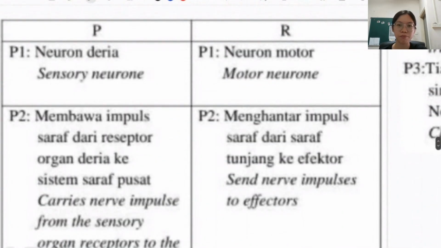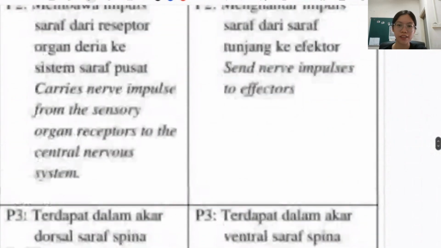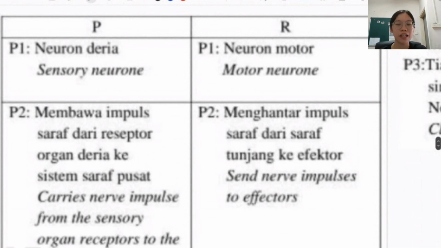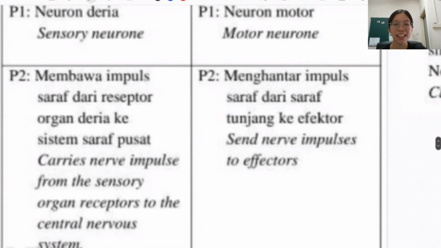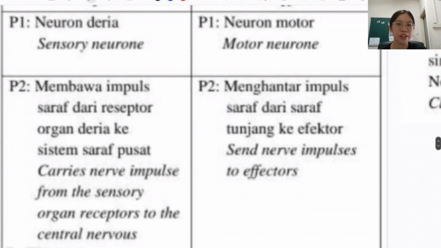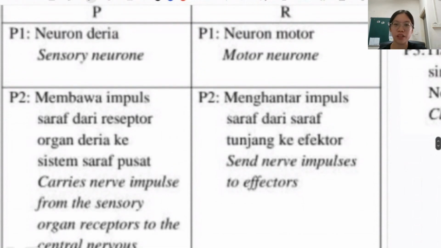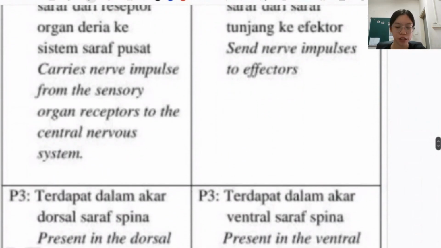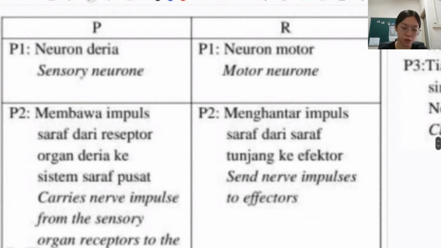But the first answer I think is quite risky to put lah, because in the first question they ask what is P and R. This answer scheme they still accept if you differentiate between them. But sometimes the answer scheme won't provide this answer, although it's correct, because the previous question already asked what is P and R lah.